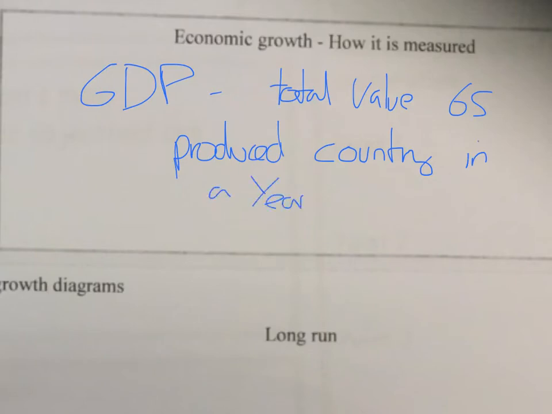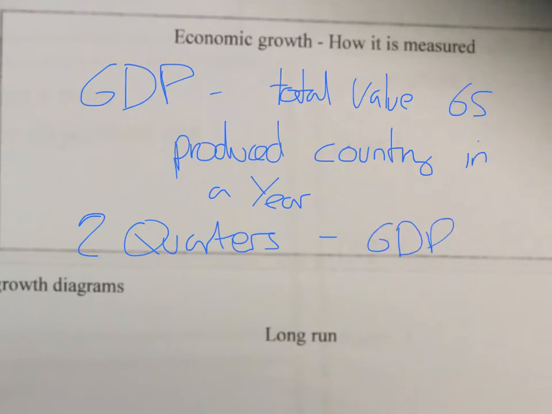Now, just a little fact for you here. For there to be a recession, there has to be 2 quarters of negative growth, so negative GDP. A quarter is 3 months, so there has to be 6 months of negative GDP for it to be called a recession.